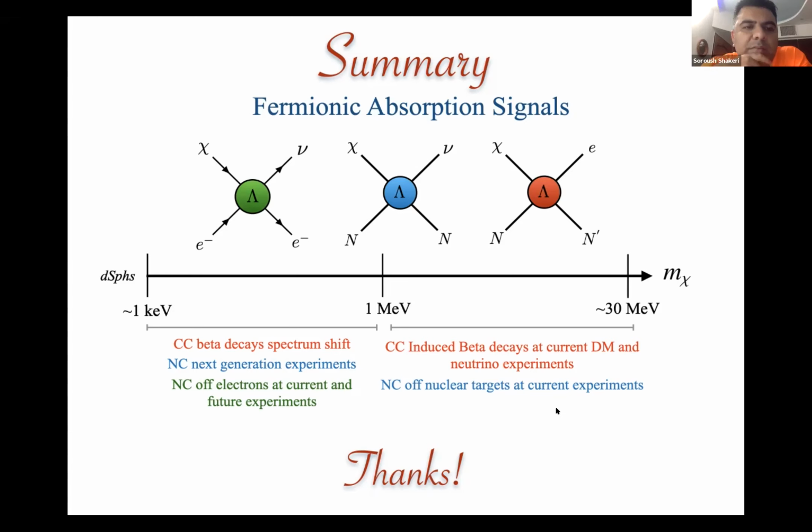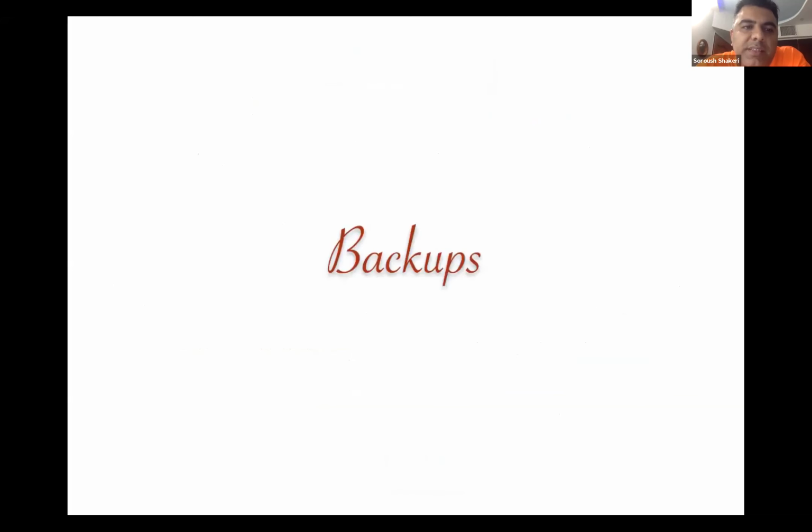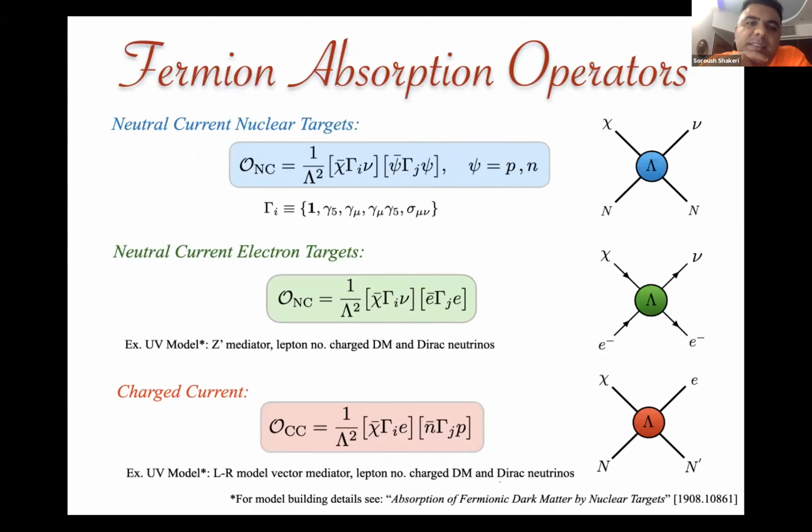No, because you have some energy scale in your effective operators that shows at which scale this new physics will appear. I mean, do you have any intuition or any sense about the scale at which this physics will be important? Yeah. So it depends on the model. So for instance, yeah, this is just a backup slide, right?